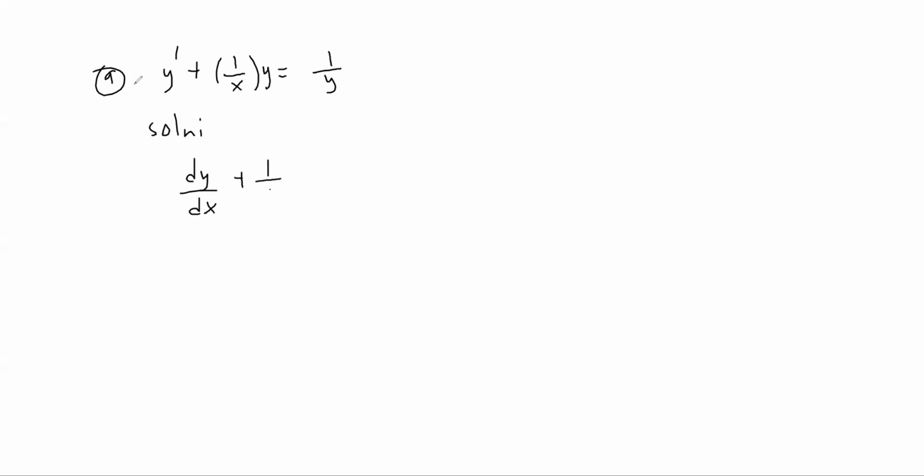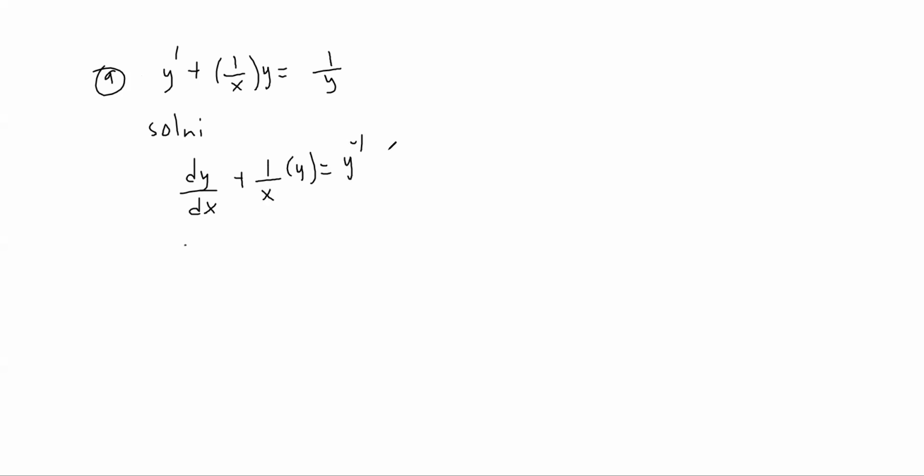So we have A: y prime plus 1 over x times y will be equal to 1 over y. So I can rewrite this equation as dy by dx plus 1 over x times y will be equal to y raised to the negative 1. So now I know that this is my n.